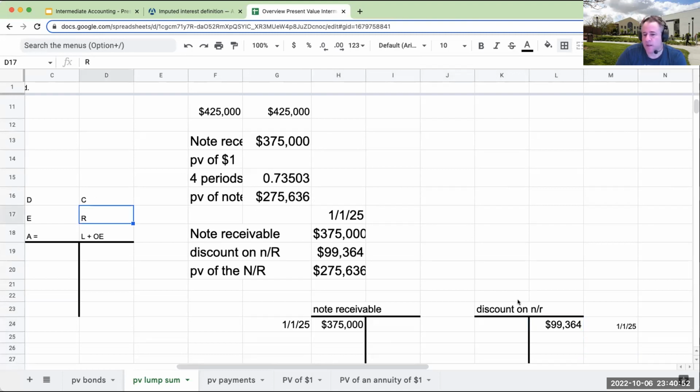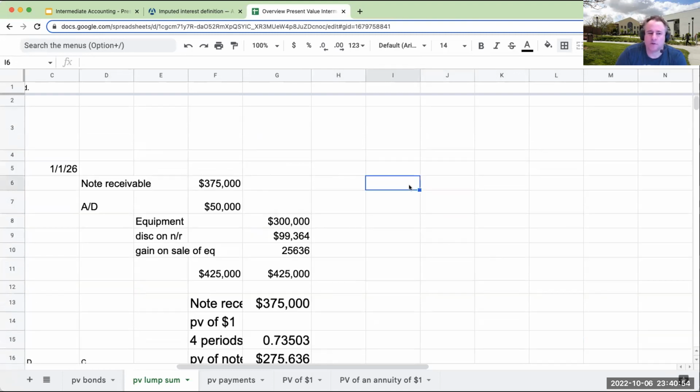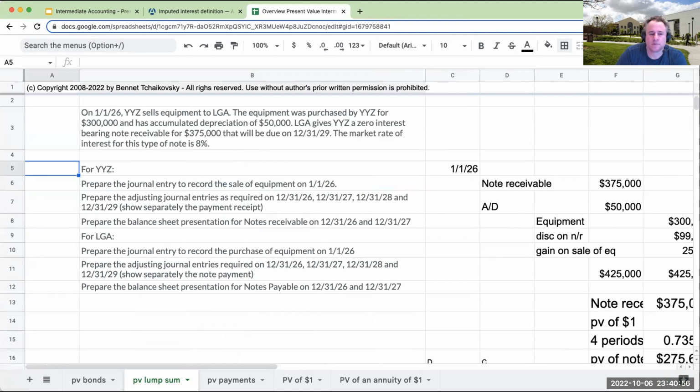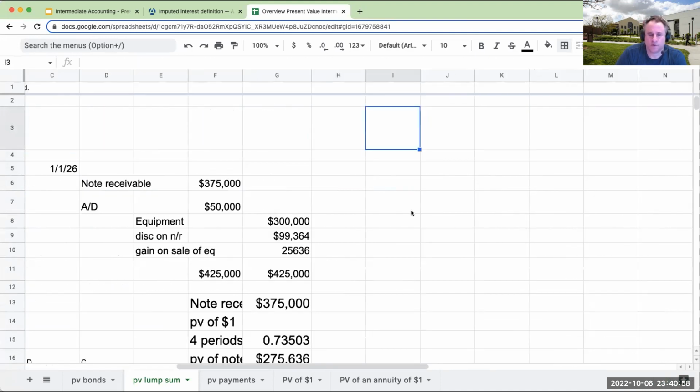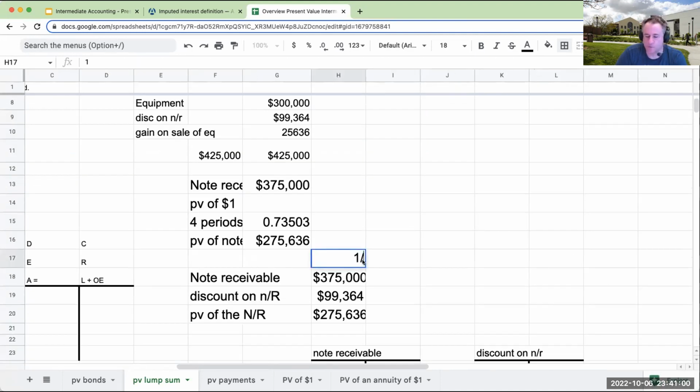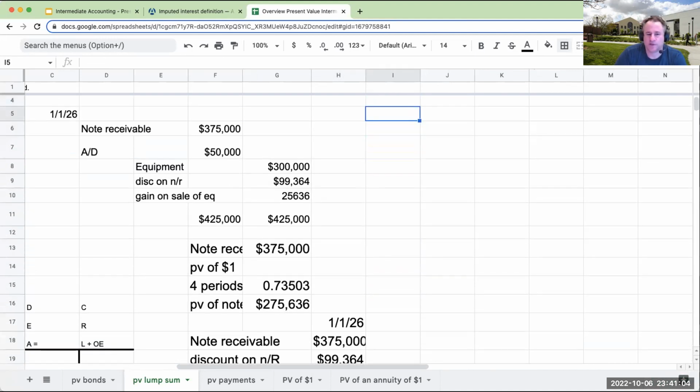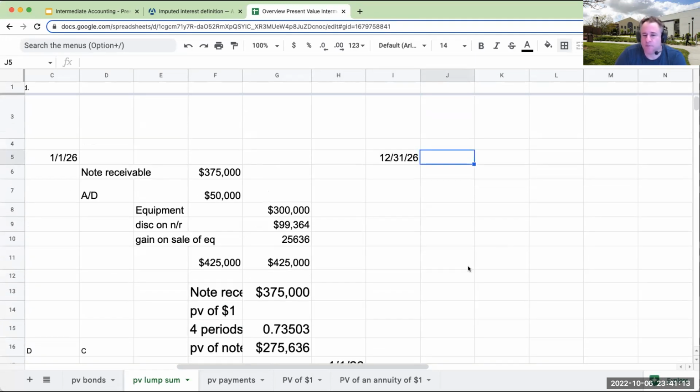So for the first year, on 12/31/26, actually this is 1/1/26, excuse me. So on 12/31/26, what happens? Well, a year has passed and I've earned some interest. So how do I figure out the amount of interest that I've earned?